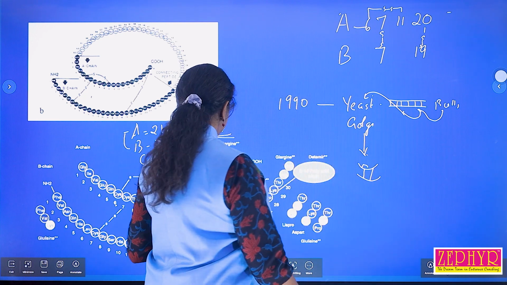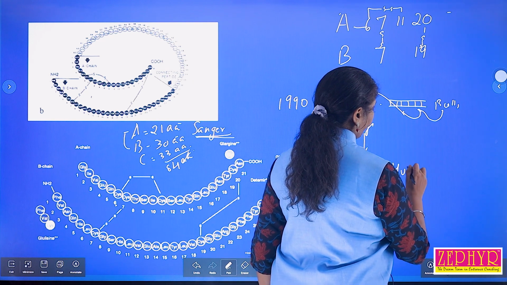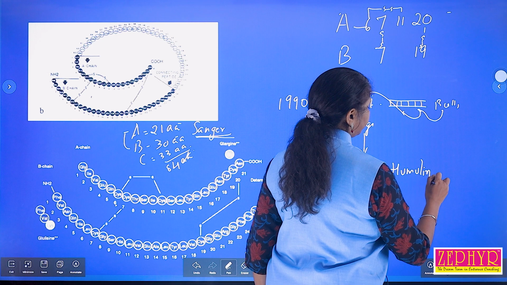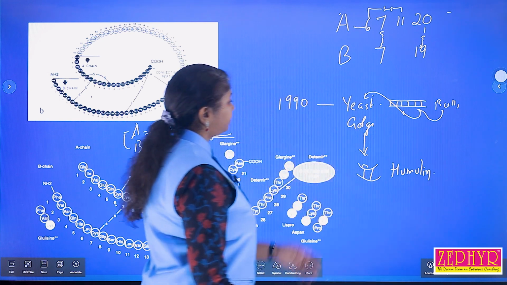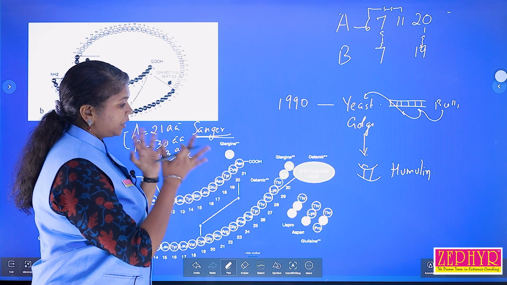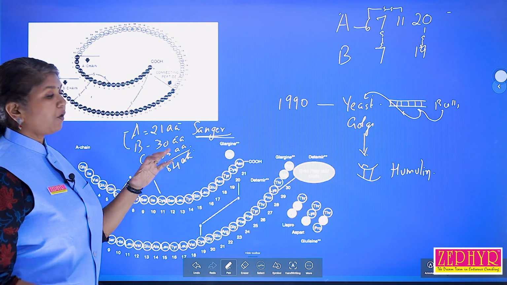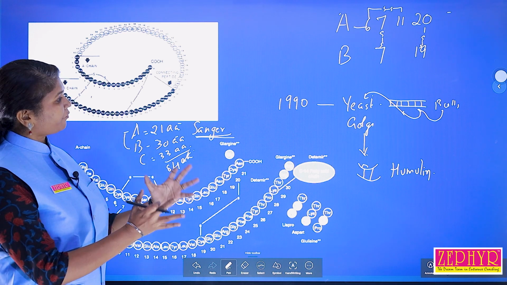So I got my insulin. This is the insulin there. I would call those humulin. Simple process now. Earlier it used to be very tedious, now it's very simple. So this is how we get the insulin, and that's how we have made our first drug. With which we have come to the end of almost half or almost 3/4 of the chapter.